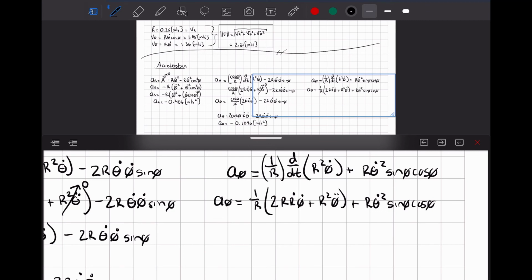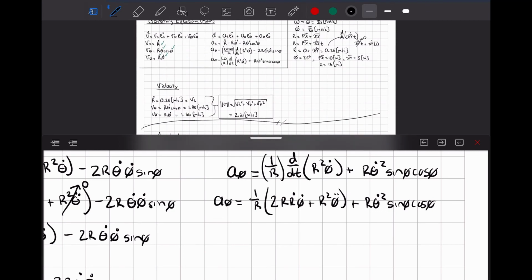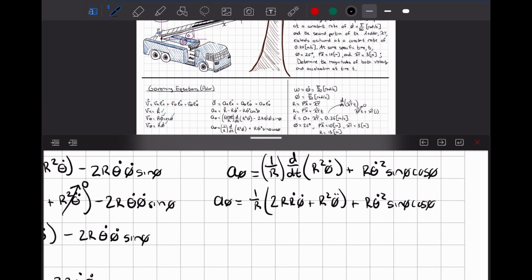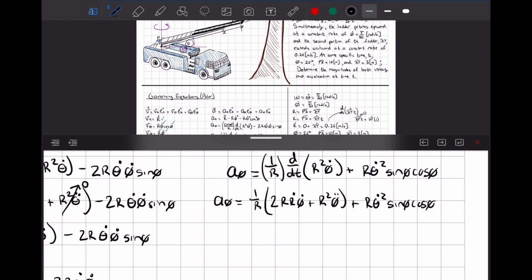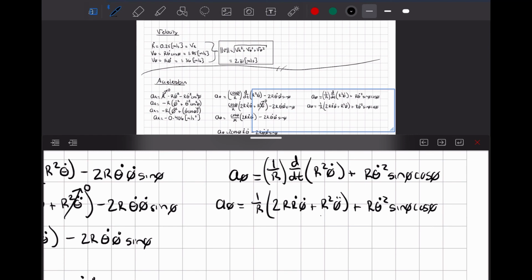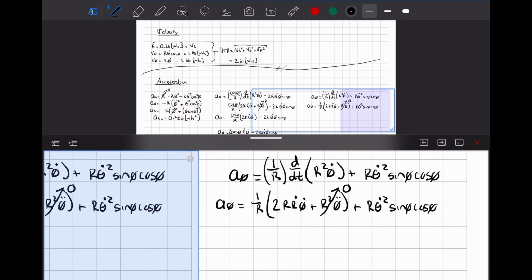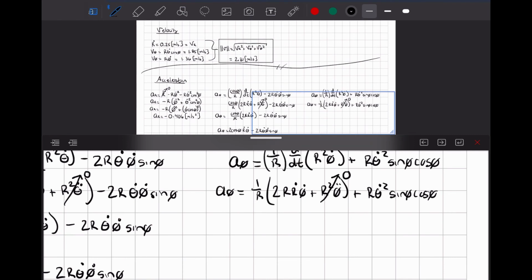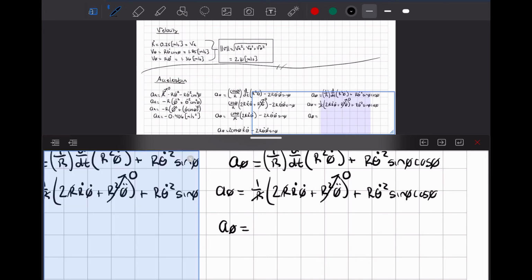Again, that pitch rate, phi dot, is constant in this problem, which we're given as pi over 30 radians per second. Therefore, similar to the acceleration in the theta direction, that phi double dot term is going to be 0. So we can just write a phi, and I can already see that these r's are going to cancel out again.